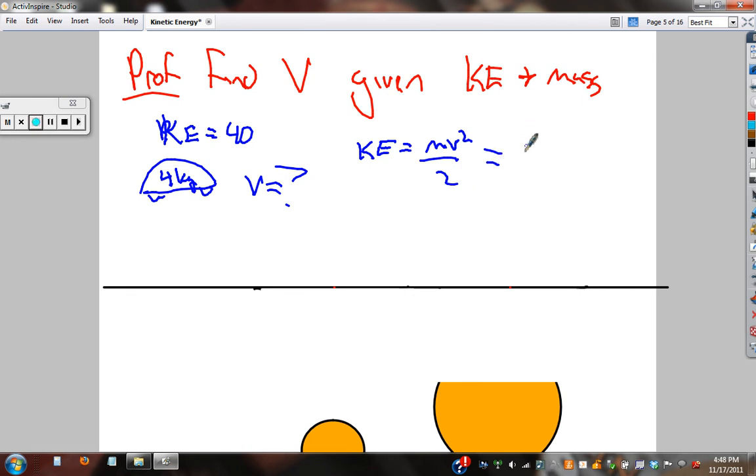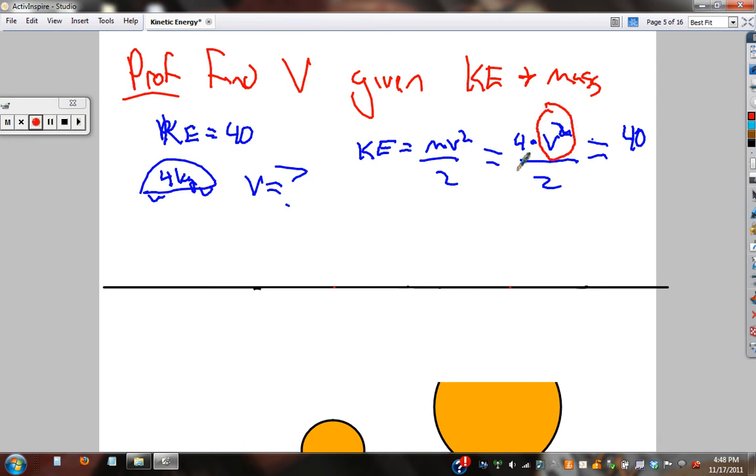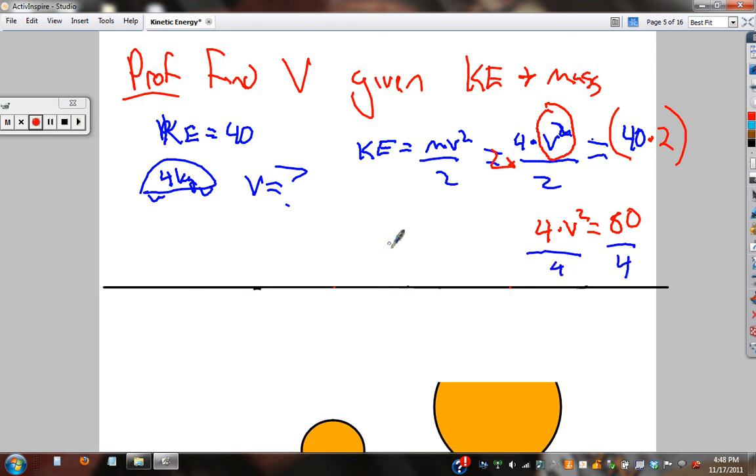Next thing we do, plug in the numbers. Mass equals 4, velocity equals question mark, divided by 2 equals, and we know kinetic energy now, so we put a 40 here. Now we need to get V by itself. First I'm going to times 2 on both sides. Now we have 4 times V squared equals 80. Then we divide by 4, and that is V squared equals 80 over 4, which is 20.